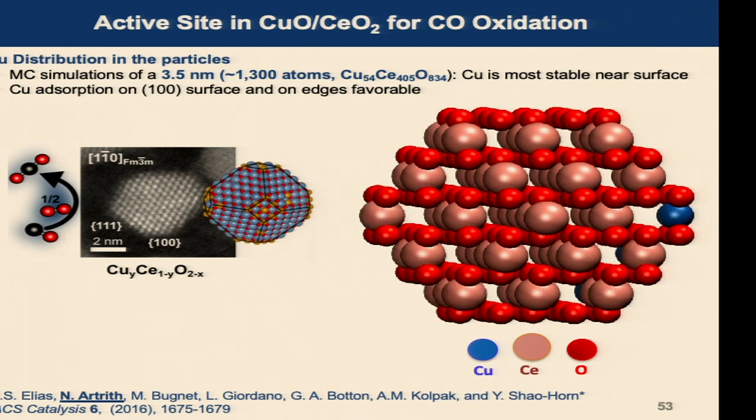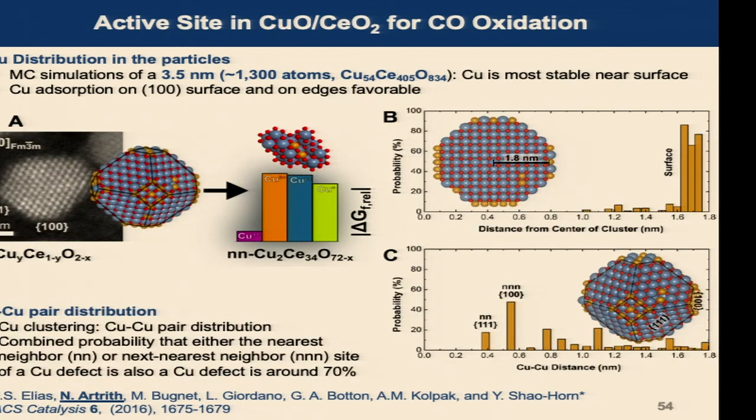After many different Monte Carlo simulations using a specialized neural network potential, only for this application, we found that the copper likes to stay on the surface.